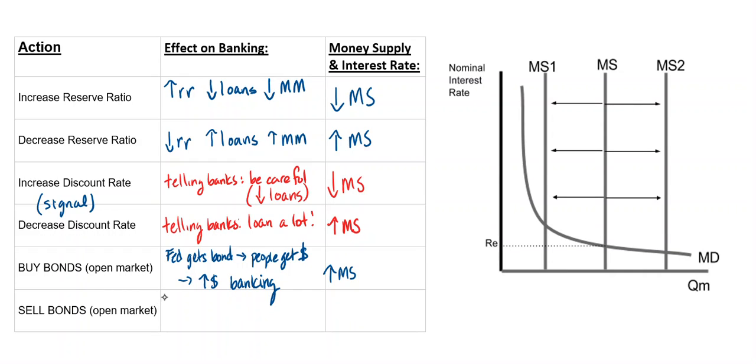Selling bonds works the opposite way. The Fed gets money, pulls money out of the banking system, and people or banks get bonds. If people get bonds and the Fed is getting money, then the Fed is legitimately deleting money from the banking system.